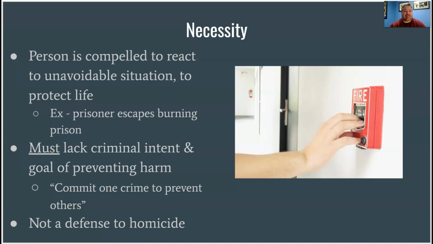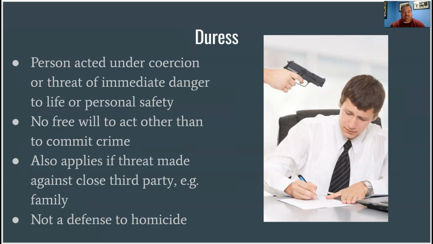The last defense is duress, and duress is pretty straightforward. It's when someone says, look, I committed a criminal act, but that's because I was under coercion or a threat of immediate danger to myself or to a loved one, that I had to commit this crime to save myself or save someone else.